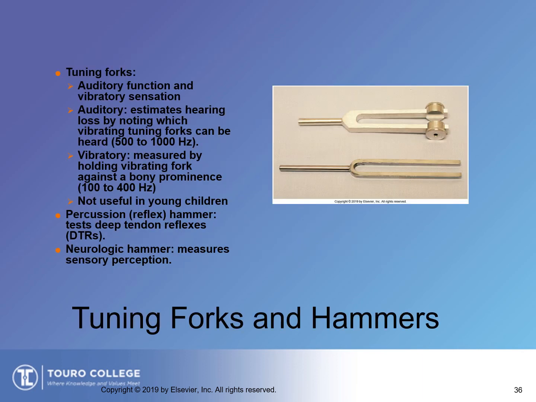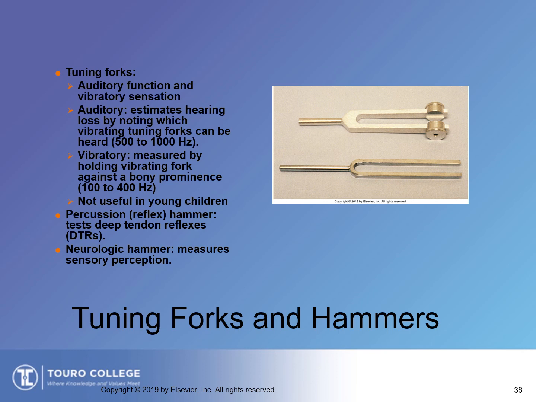Tuning forks, we'll use this to identify hearing loss. I don't use these a lot, but if you were doing a complete physical on someone, I can see where you could use them. It detects auditory function and vibratory sensation, and you can note the loss by using these tuning forks.